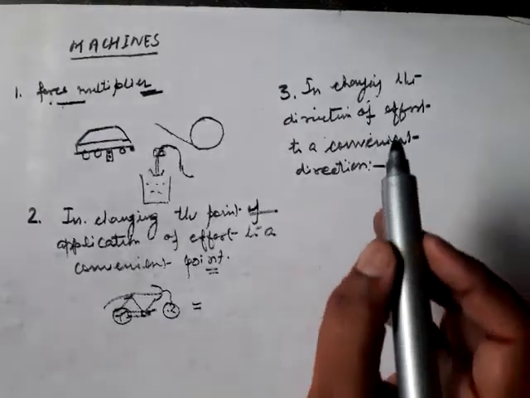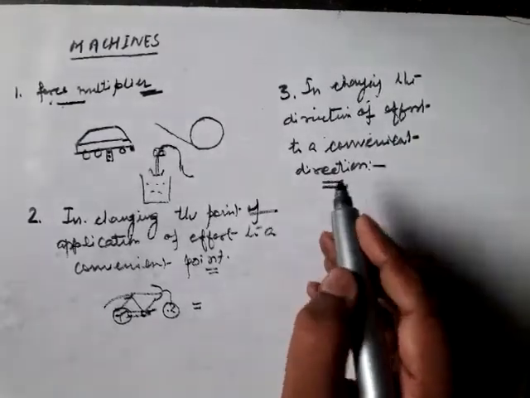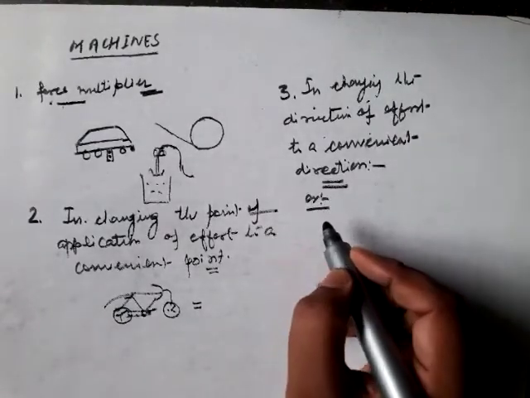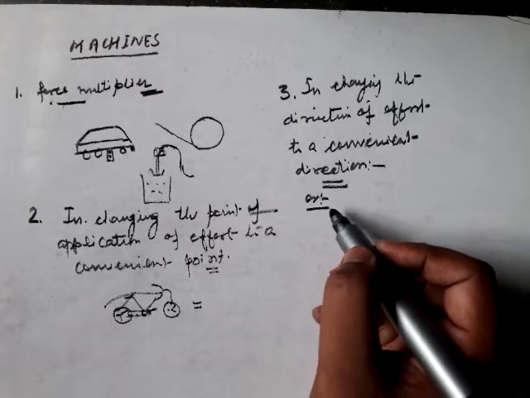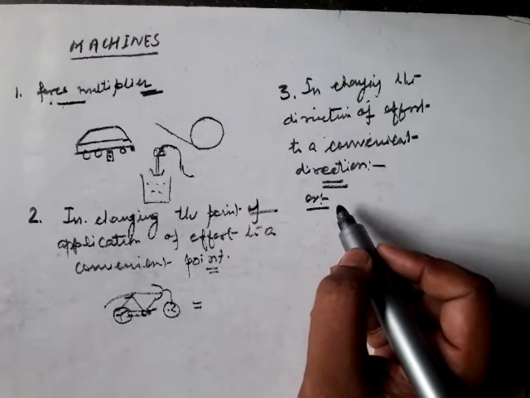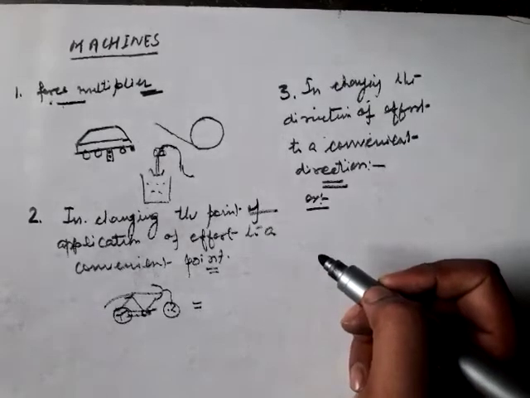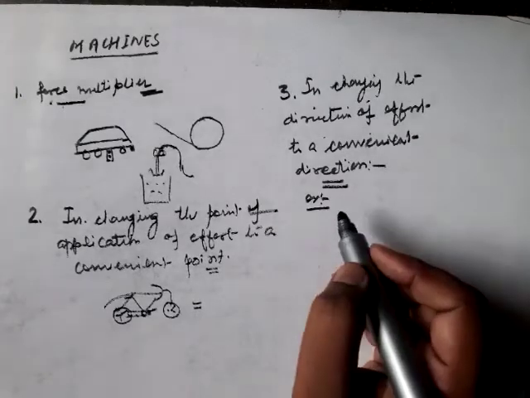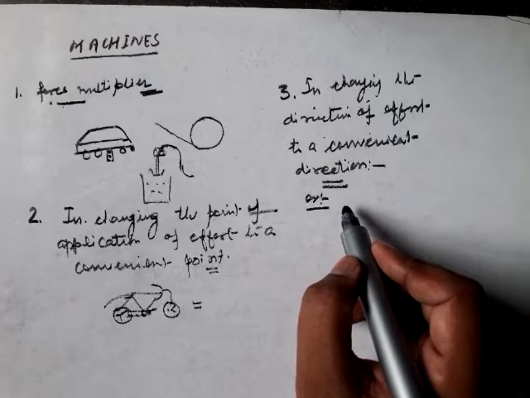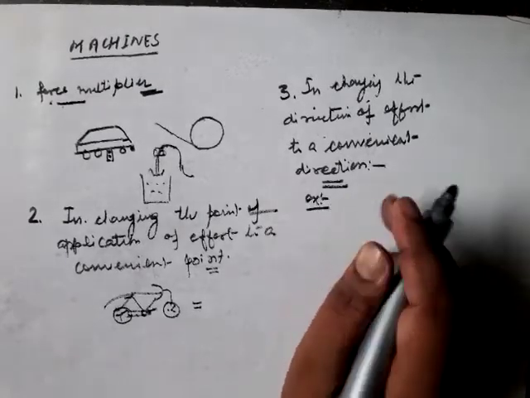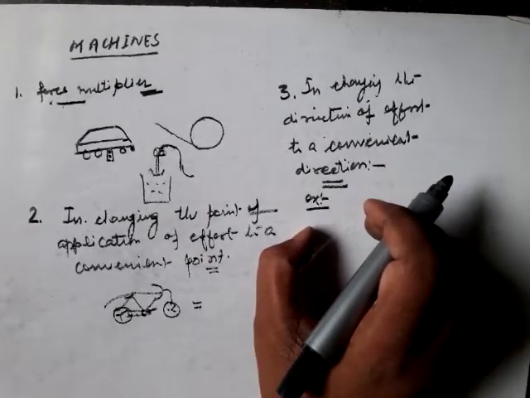Suppose we take this example. Suppose we have to lift a bucket full of water from a well. If we directly pull the bucket from the well, we have to apply a large force, with our hands directly upwards from the well, and it will be quite difficult for us. But if we use a pulley, what happens?